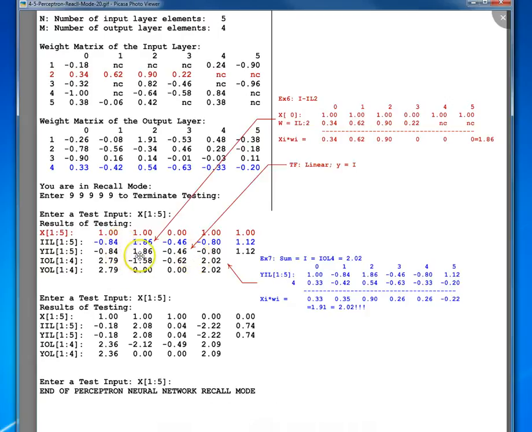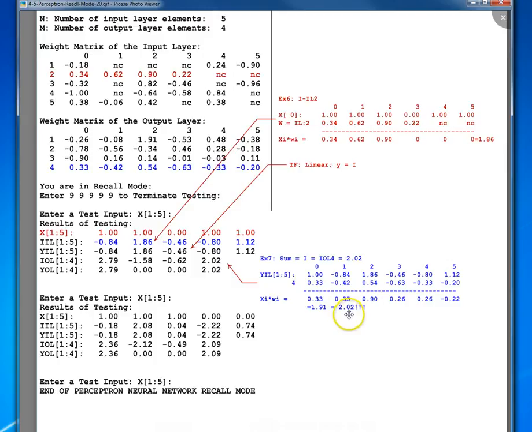In this case, the first element is going to be 1, the next one is 0.84, 0.86. Those are the internal activations, and the corresponding weights are going to be 0.33, 0.42, 0.20. To get I4, you multiply the input vector with this W vector and add all of them together, corresponding elements one by one.